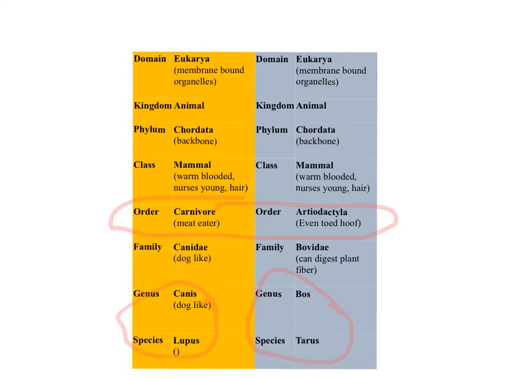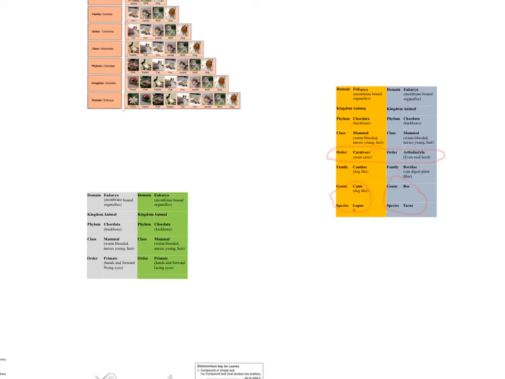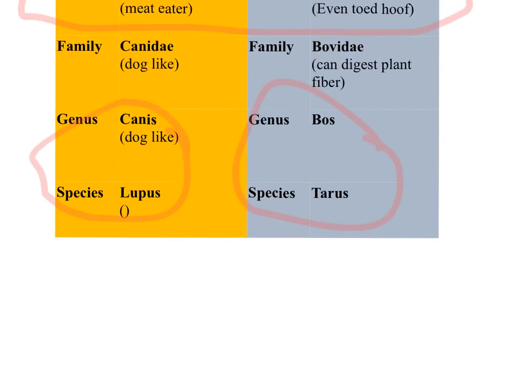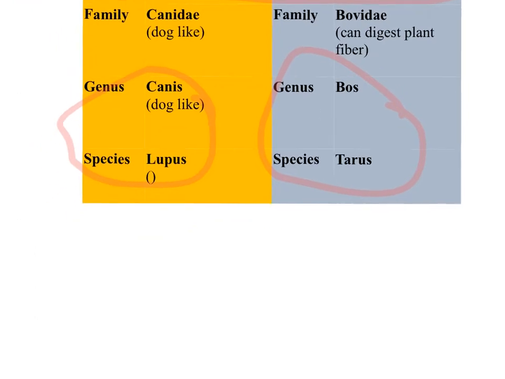And let me pause this. Okay, so one other thing that I wanted to mention here was something that we've already talked about, but I'm going to come back to it. Remember, when we talk about species, it is the most specific that you can get. And we mentioned that there were 3 rules to being in the same species.